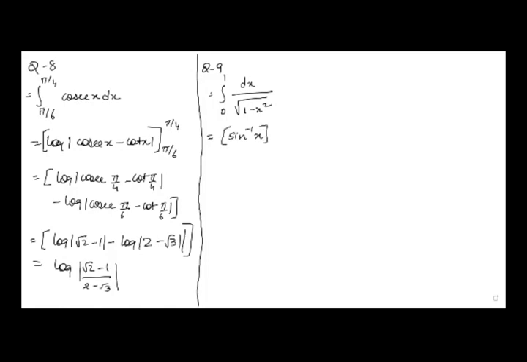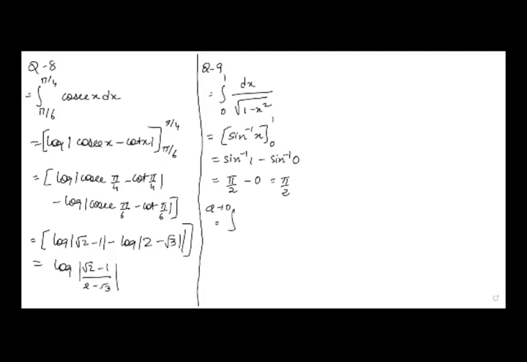As the value of a is 1, we will not write that. So first of all, we'll keep 1 and then 0. Sine inverse 1 is pi by 2, whereas 0 is 0. So answer is pi by 2.